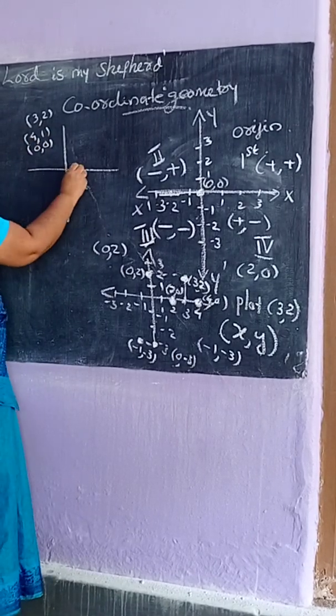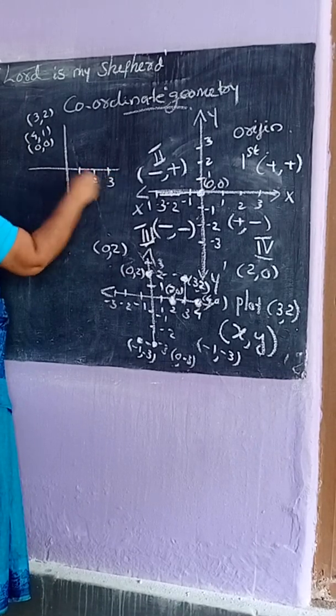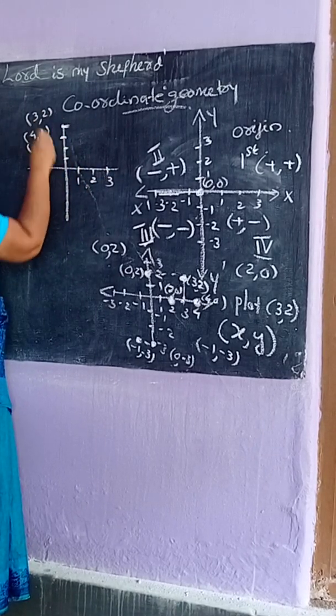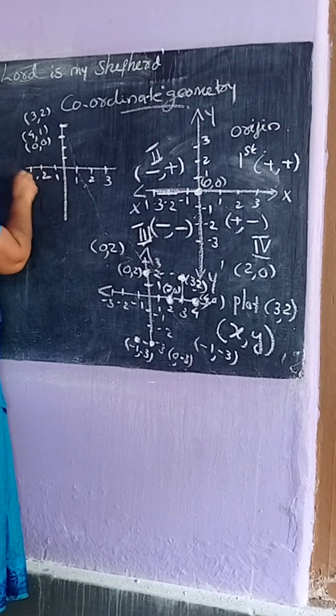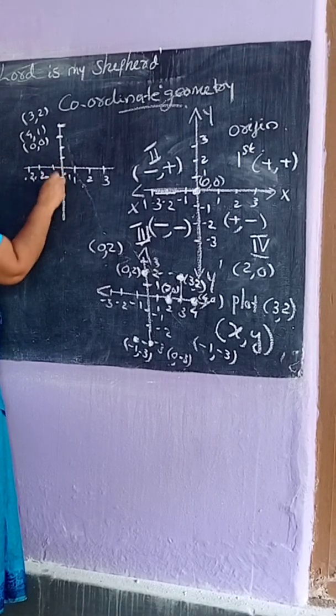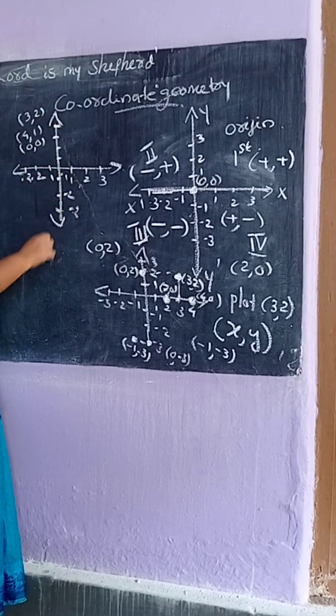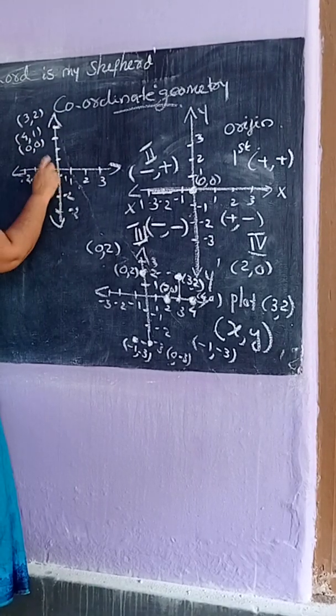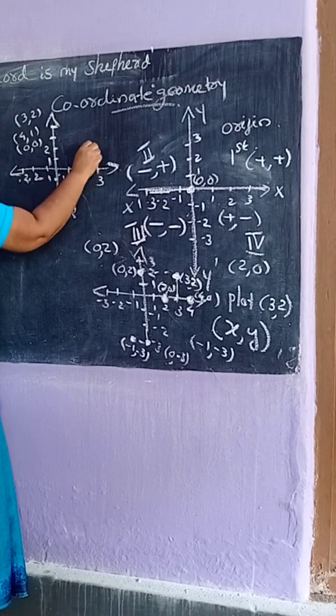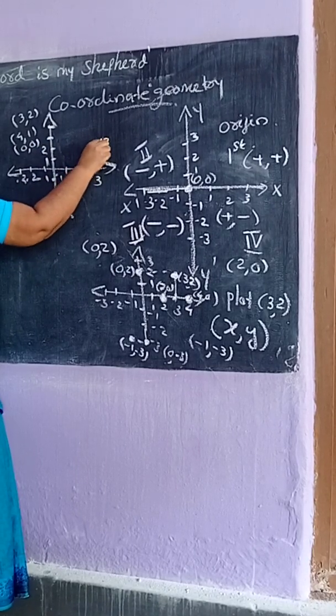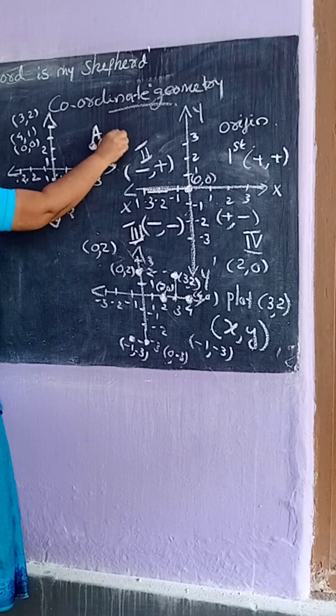Where do you mark 3, 2? First you mark 1, 2, 3, 4, minus 1, minus 2, minus 3. This arrow is very important. Where do you mark 3, 2? 1, 2. This is 3, 2. Agree? Or you can mark it as A, 3, 2.